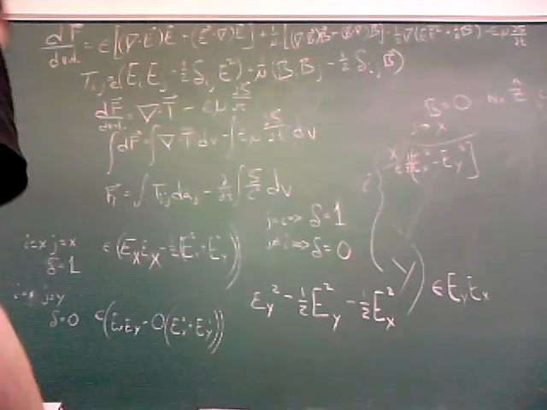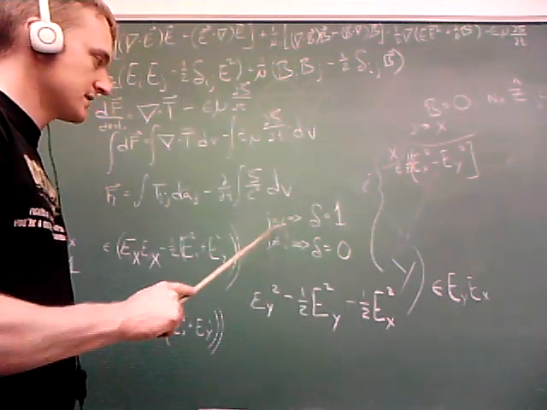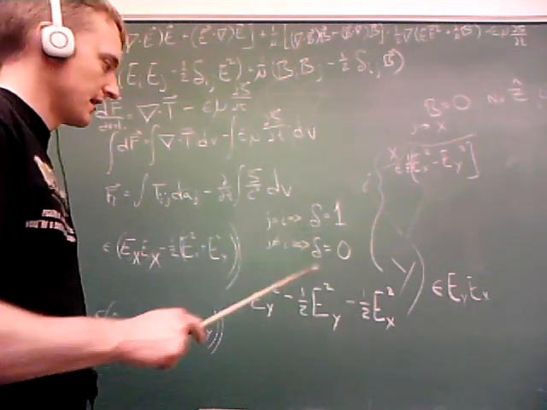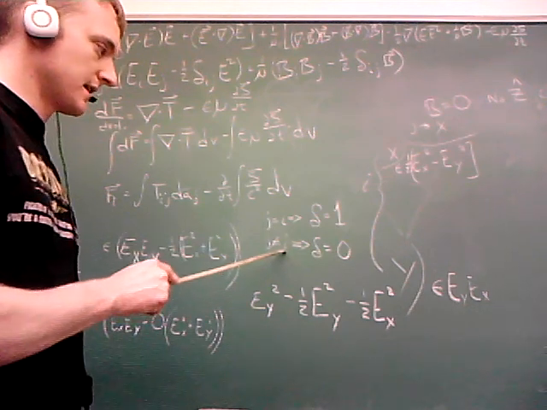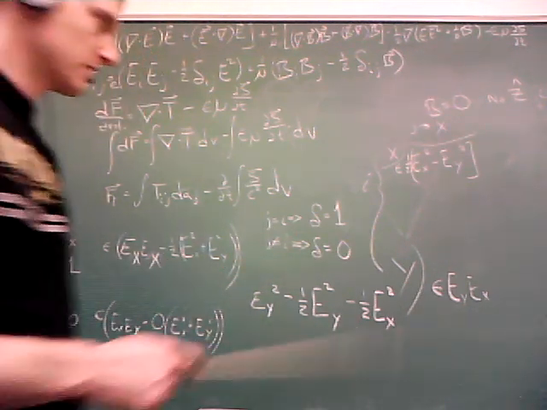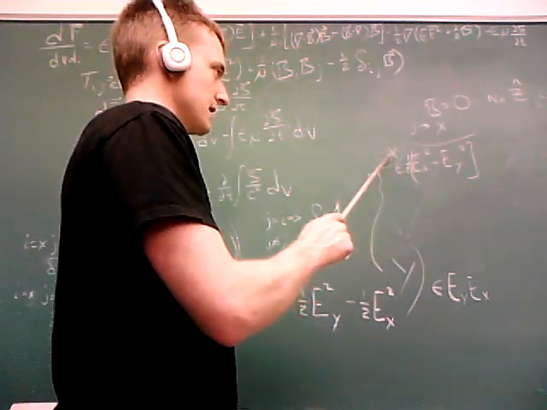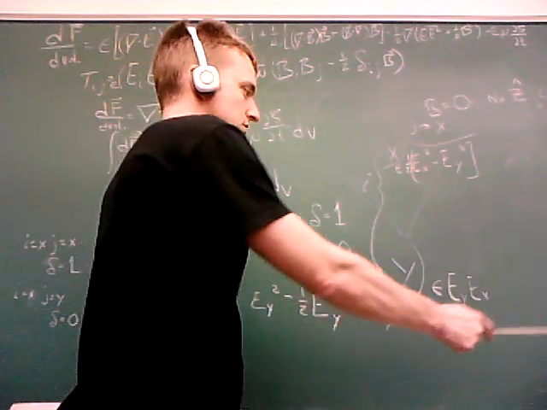Now, let me step back and say that the Kronecker delta is only 1 whenever j is equal to i, and the Kronecker delta is 0 when j does not equal i. So the Kronecker delta is only going to be 1 at locations such as x, x, and y, y, or row 1, column 1, and row 2, column 2.